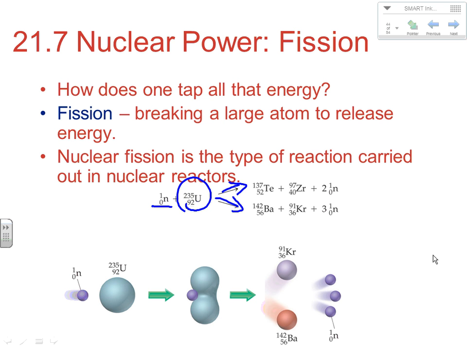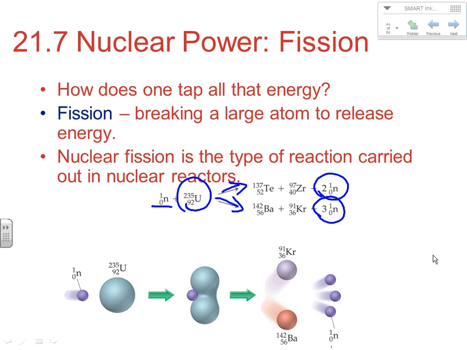But the key to what makes this special is when one neutron comes in and hits uranium-235, notice it creates more than one neutron. Those neutrons can go and hit more uranium-235 and keep the reaction going. So the secret to fission reactions, nuclear power plants, and even nuclear bombs is the fact that we can get a reaction that builds. What starts the reaction gets created again in greater number, so the reaction can multiply.